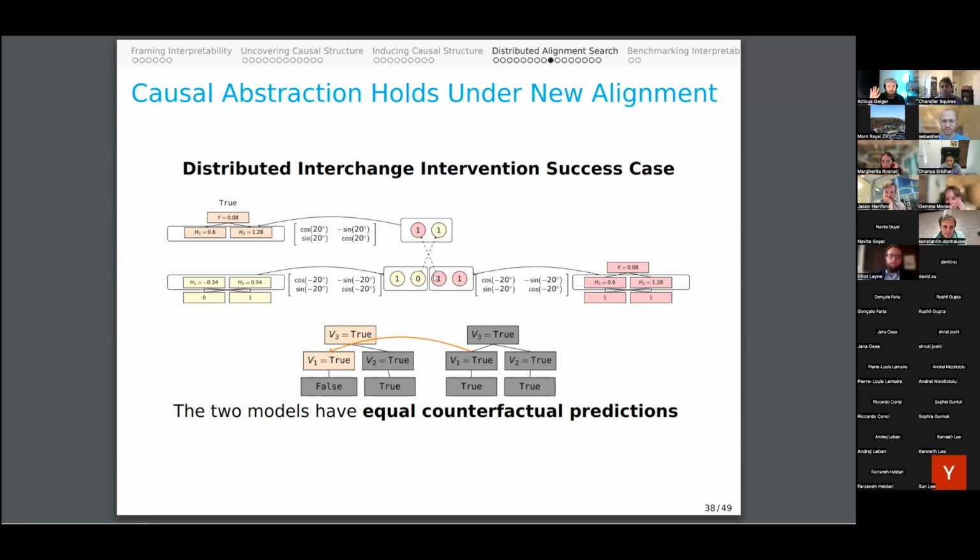They look super pretty and nice again. In the original system, they are now negative 3.4 and 0.94 because we've applied this messy rotation to a very simple network. But if we apply the inverse rotation, we get into the pretty variable space, do the interventions, go back to the ugly variable space, and run it forward. The counterfactual prediction is true, and this works for all 16 interchange interventions on this toy example.